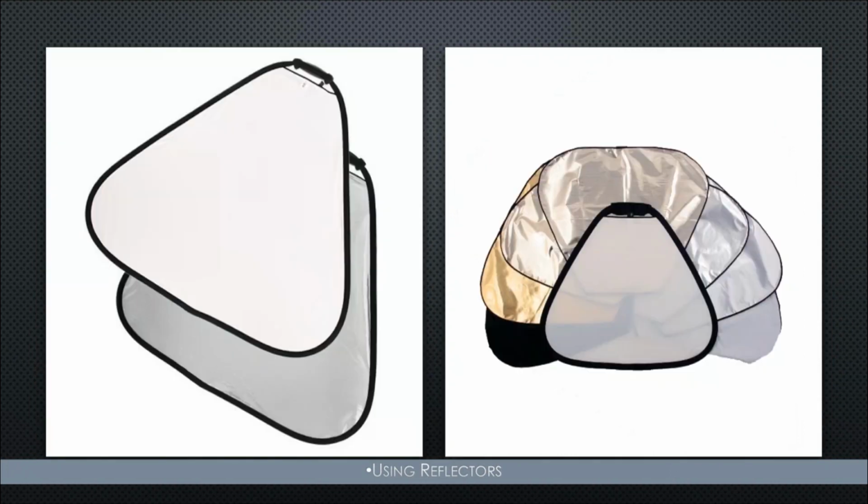Whereas a diffuser is used between the light source and the subject to take the harshness off the light. Now, today we're talking a lot about harsh light anyway, so if you've got a diffuser already and you've got a reflector, you'll know how to mix the two together.